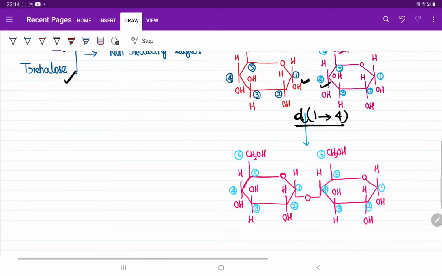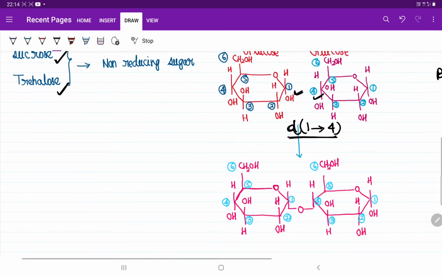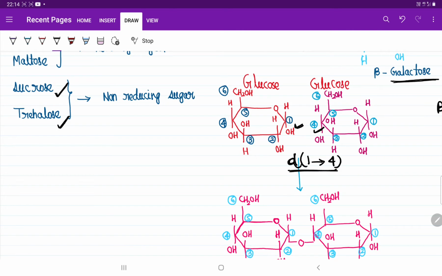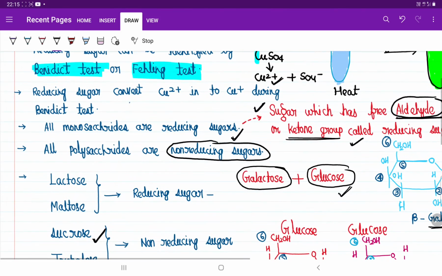Here the first carbon is engaged in formation of the glycosidic bond, but the second glucose first carbon is free or not? Yeah, it's free. So it will reduce Cu2+ into Cu+. So maltose is also a reducing sugar, right?